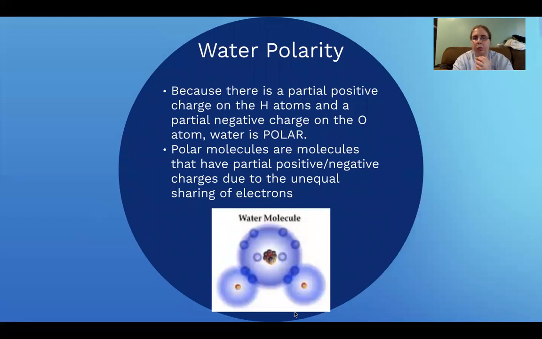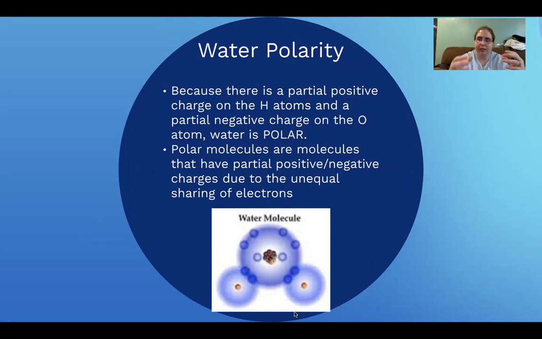So let's talk a little bit about water polarity. Now this goes back to what we were talking about in our previous lesson about the van der Waals forces, the intermolecular forces of attraction. Because water is a polar molecule, it has one side that is partially positive, and that's going to be on the hydrogen atoms, and one side that is partially negative, and that will be on the oxygen atom. When we see a partial negative on one side and a partial positive on another, we call that being polar.